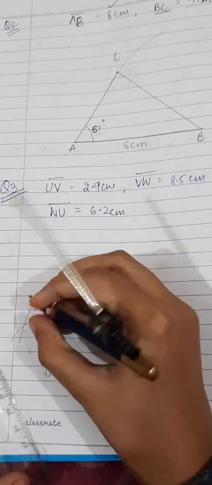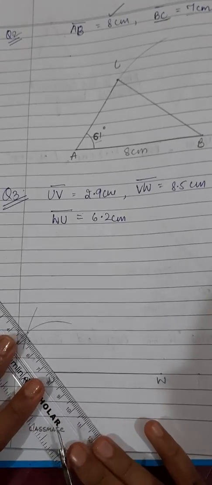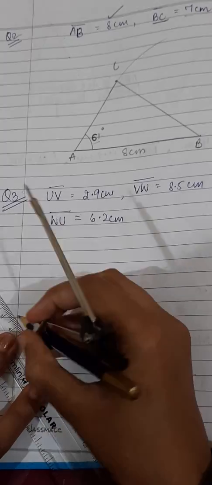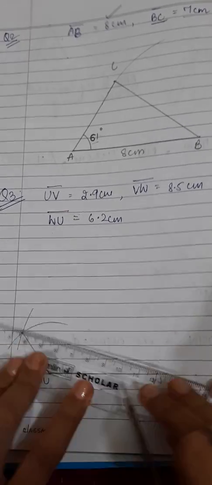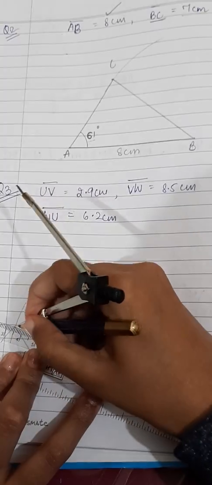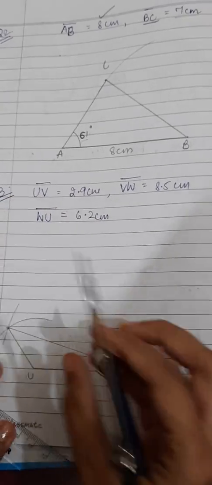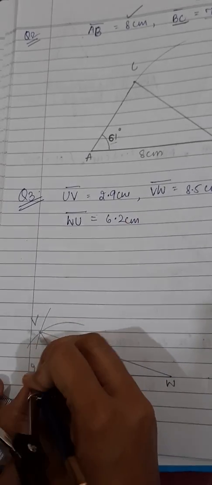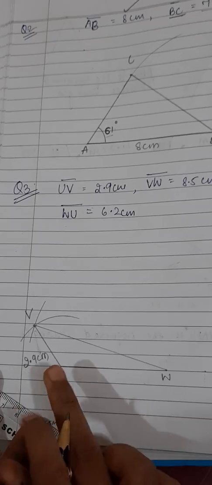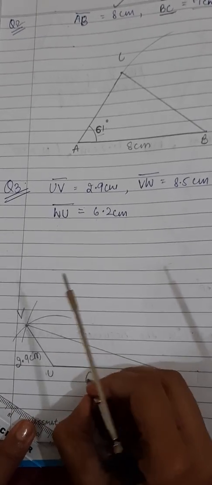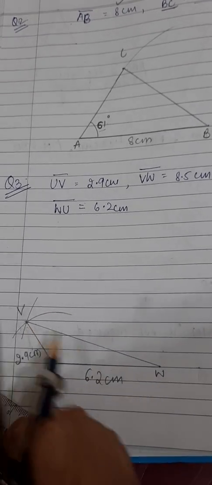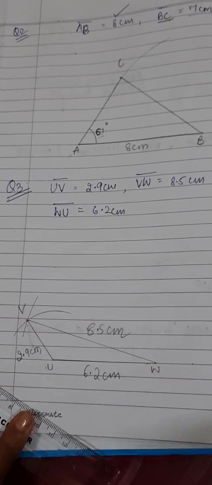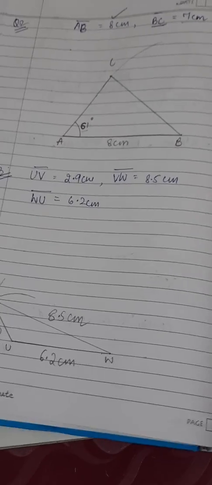Now the point at which these 2 arcs are intersecting, join that point with the next 2 points, that is, join this with U and then with W. Okay, this point is V. Now UV was 2.9, so this is going to be 2.9 centimeters. UW we have constructed as 6.2 centimeters and VW we have constructed as 8.5 centimeters. So UVW is the required triangle here. Okay, so this was your question number 3.